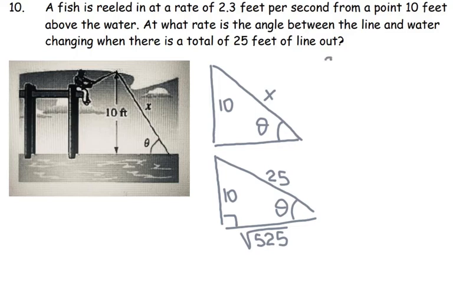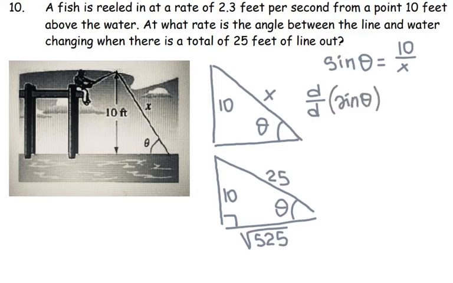I can write from the top triangle that sine of theta is equal to 10 over x. Then d over dt, because it's over time, of the function sine theta, and on the other side, d over dt again, because x is changing over time, of 10 over x.